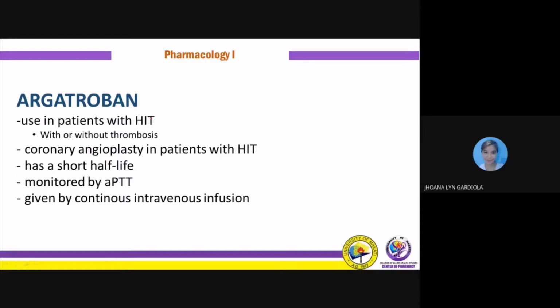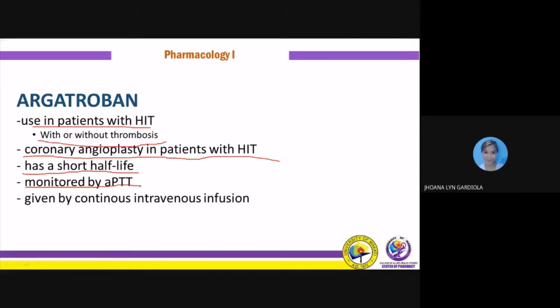Argatroban is used in patients with HIT with or without thrombosis or during percutaneous coronary intervention in patients with HIT. And because it has a short half-life and its predictable dose-dependent therapeutic response, that's why it needs to be monitored by a PTT.